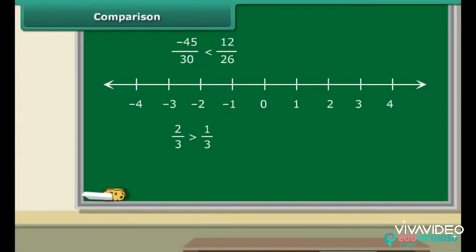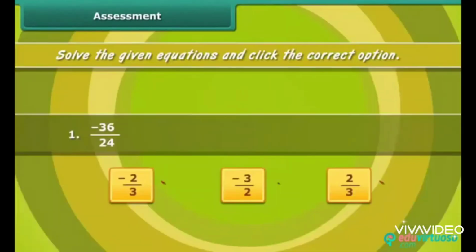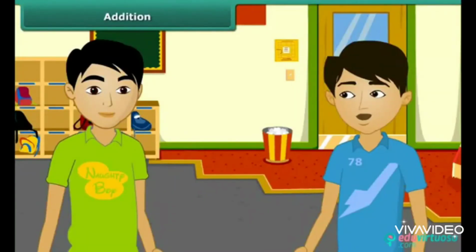Suppose 2 upon 3 is greater than 1 upon 3. Here 2 upon 3 is on the right hand side, so it is greater, and minus 2 upon 3 is lesser than minus 1 upon 3.